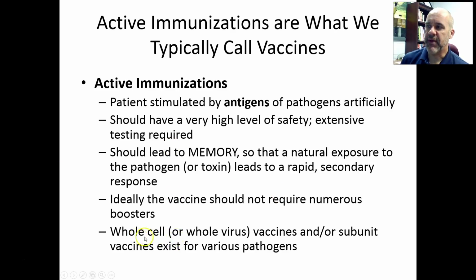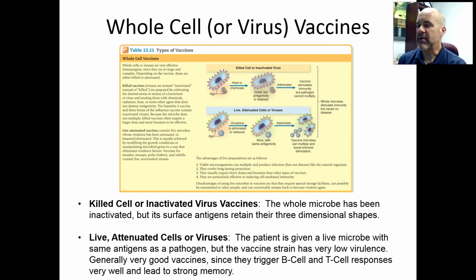And we'll see vaccines can be classified as either whole cell vaccines, or in the case of viruses, whole virus vaccines. So you're getting the whole thing, or subunit vaccines. A subunit means you're just getting an antigen or antigens of the pathogen. You're not actually getting a full cell or a full virus delivered to you artificially.